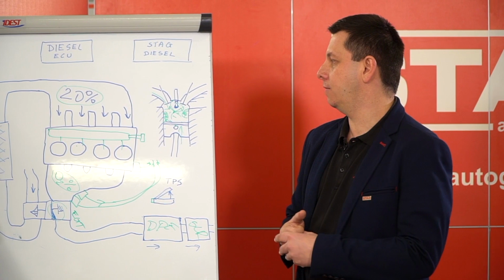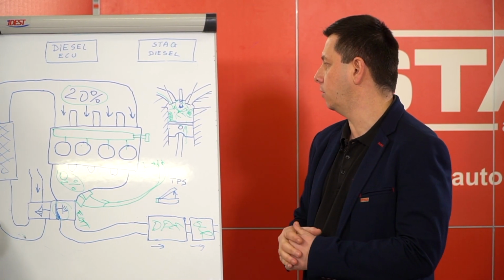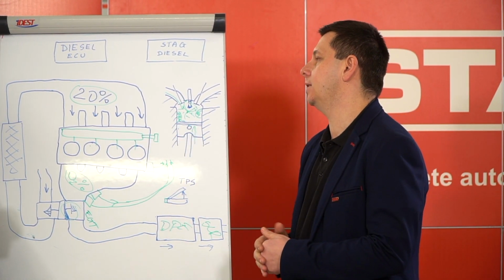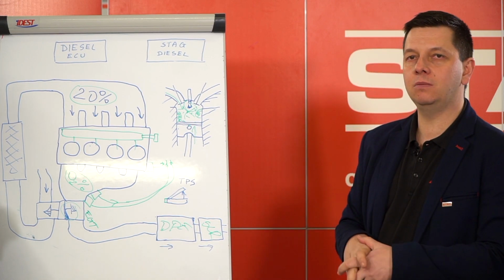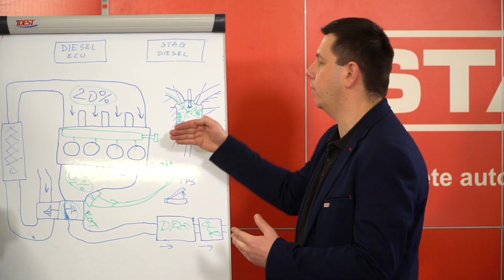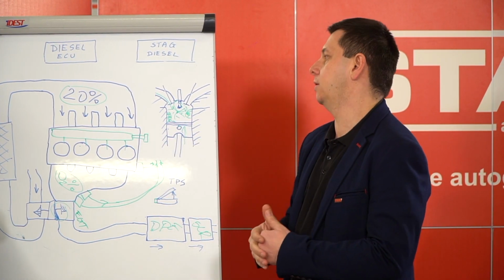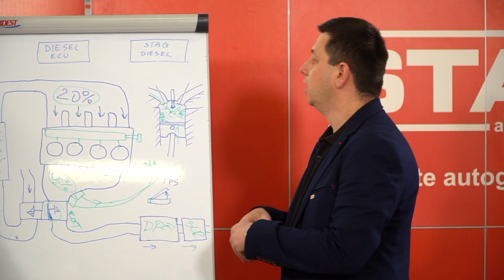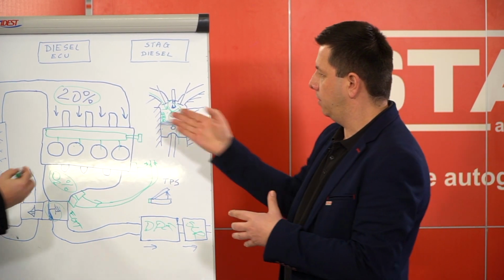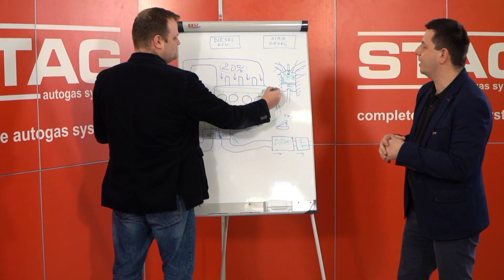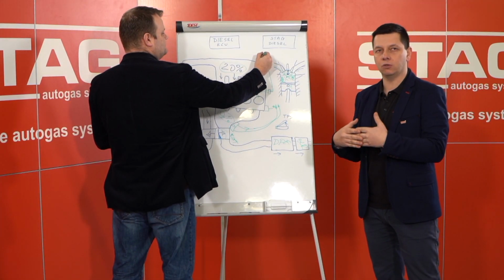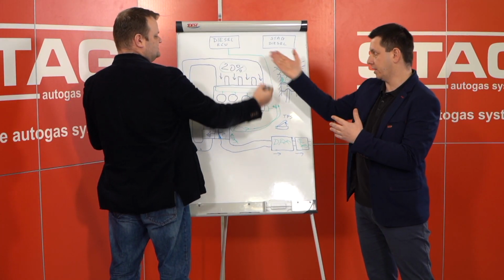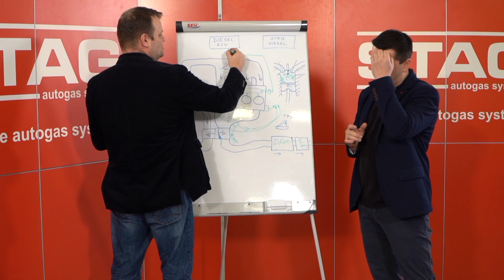What is very important for the STAG Diesel solution is that the common rail has a sensor that measures the pressure of the diesel in the rail. If we have the fuel pressure sensor, we can read the pressure, and this information goes to the diesel ECU.